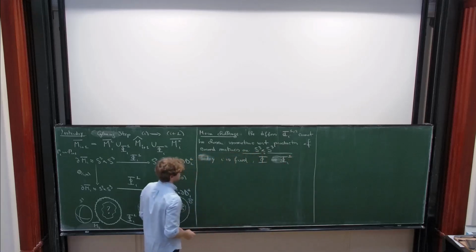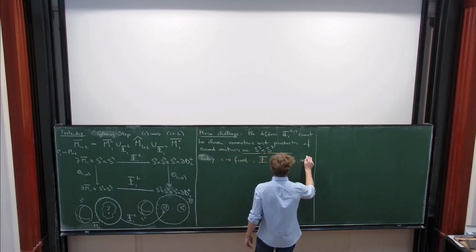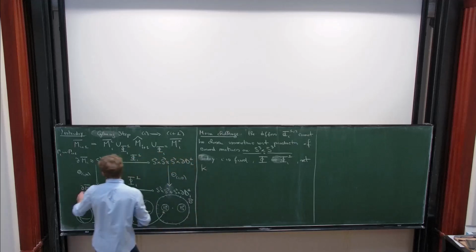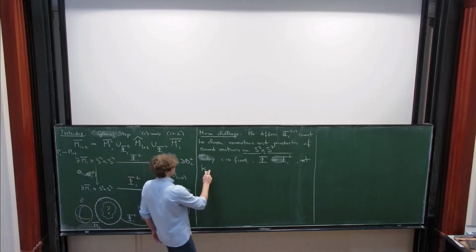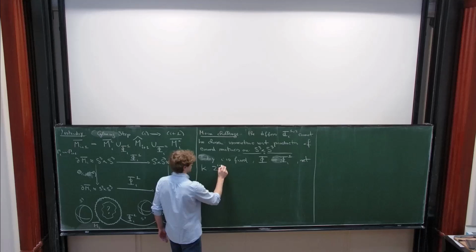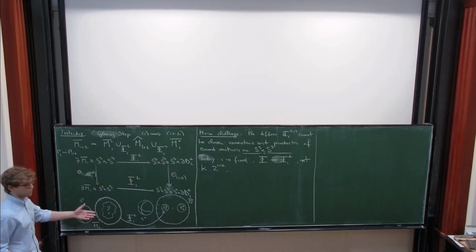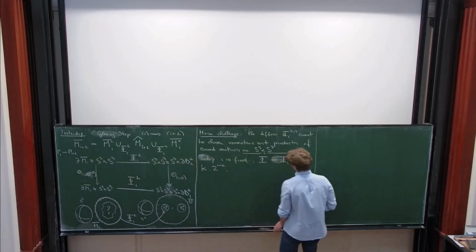And also I'm going to set k equal to 2 to the i minus 1. It doesn't really matter, we are able to do the construction for every k, so I just do it for a generic k.